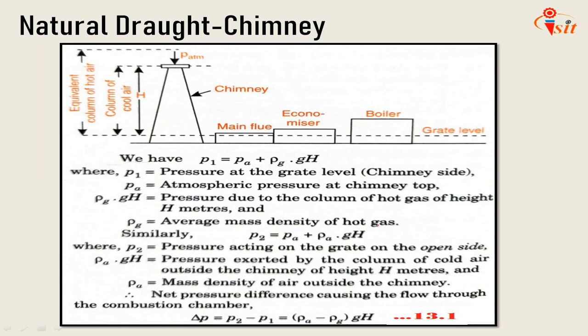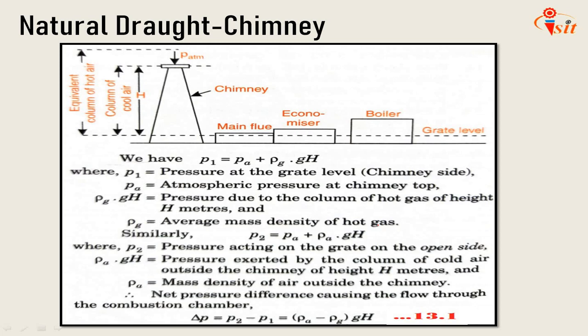First, it produces the draught whereby the air and gas are forced through the fuel bed, furnace, boiler passes and settings. Second, it carries the products of combustion to such a height above or before discharging them that they will not be objectionable or injurious to the surroundings.